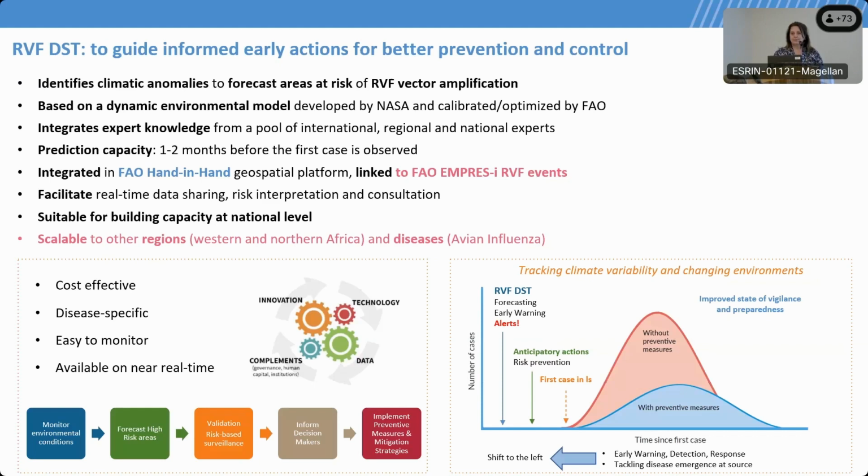What is important, on top of the risk modeling that of course can always be improved and needs to be updated, and we hope that we get help for having a better resolution in terms of spatial and also temporal domain, is also to integrate expert knowledge. And this has been done for this tool by involving experts at the international, regional, and national level.